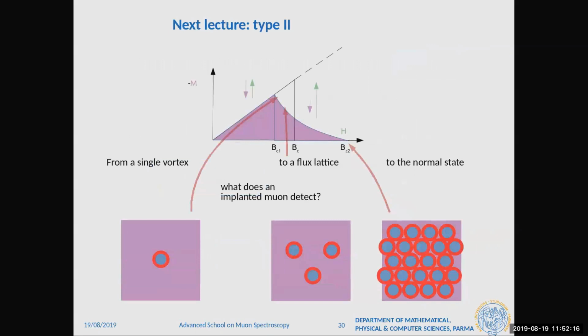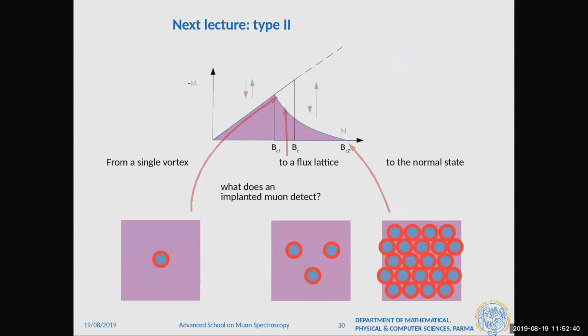So that is the last slide before moving to the next one. In the next lecture, we will talk mostly about what happens when you develop this new inhomogeneous state, which is the flux line lattice, where typically you have a periodic condition like this. I didn't plot them all, it's a regular lattice.